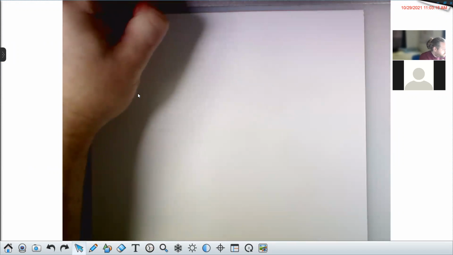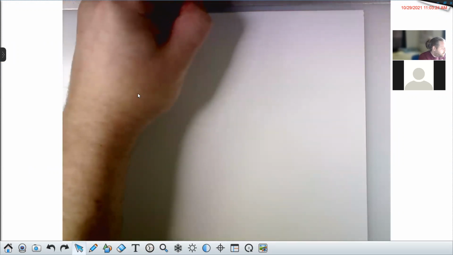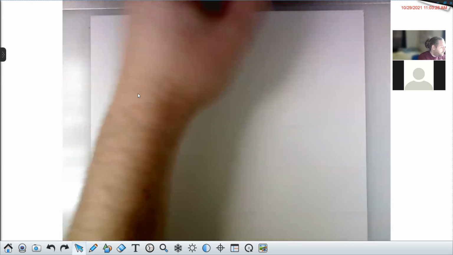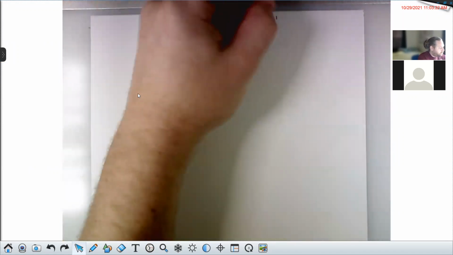So first things first, this is MAC2311, section number OH1, which is Calc 1 honors. And the date today is the 29th of October, 2021.